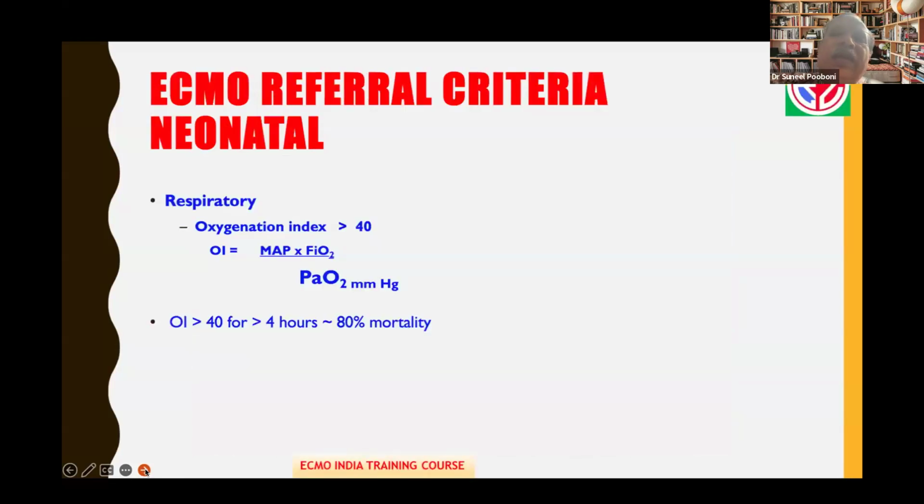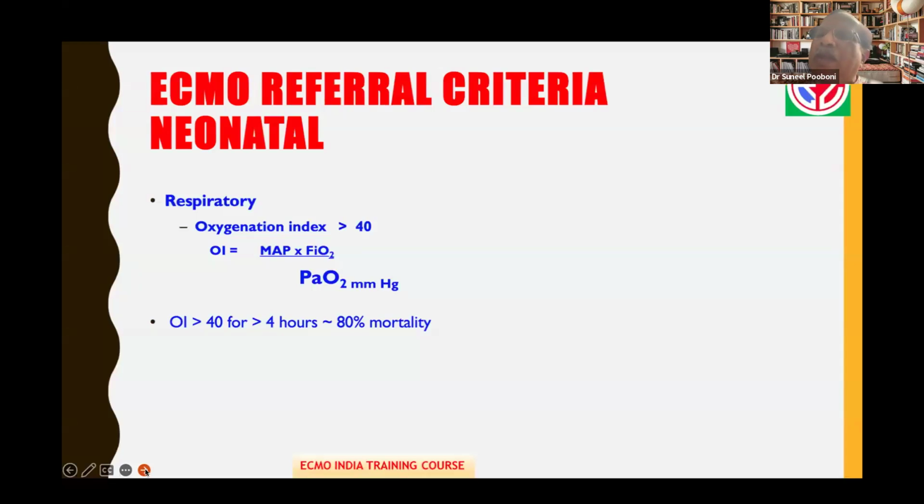For the neonates, there is a reliable criterion to decide when they need ECMO, that is the oxygenation index. Oxygenation index is nothing but mean airway pressure times FiO2 divided by PaO2 in millimeters of mercury. That is more than 40 for more than 4 hours.